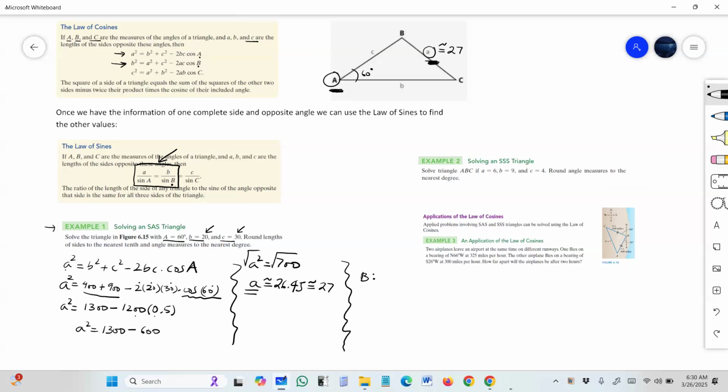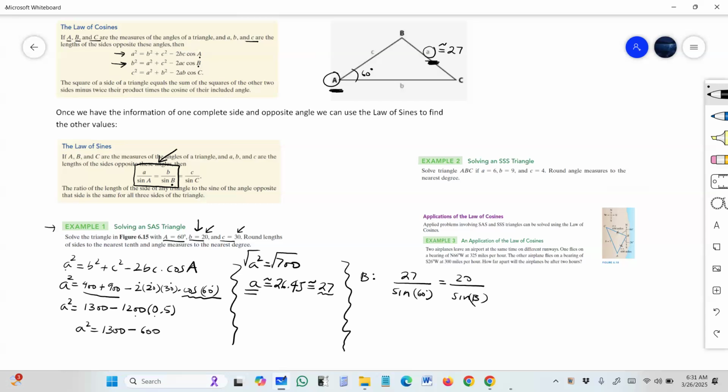Okay, so it's A over sine A. A, I already know, is approximately 27. Sine of A, which is 60 degrees, equals side B, which is given as 20, over sine of angle B, which we don't have.